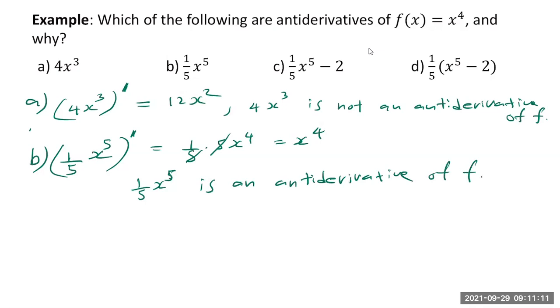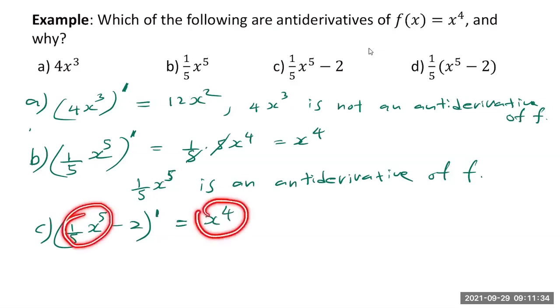So 1 over 5 times x to the power 5 is an antiderivative of f. What about part C? Would this be an antiderivative of the given function? Clearly, yes, because if you take the derivative of 1 over 5 times x to the power 5 minus 2, you get x to the power 4, since the derivative of minus 2 is 0.